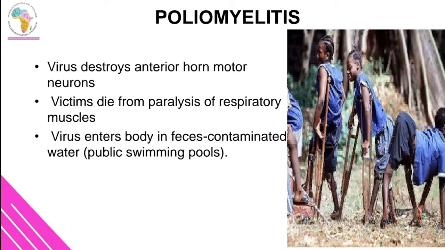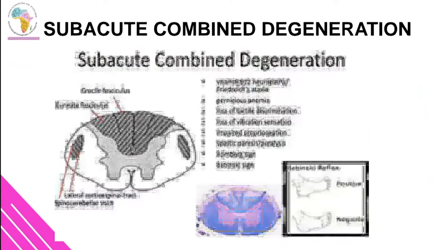That's why it's important to vaccinate children against this disease, as it affects the anterior horn motor neurons. This patient tends to die from paralysis of the respiratory muscles. We know this is where the phrenic nuclei are located, so when it's affected, the diaphragm will be paralyzed and the patient won't be able to breathe.